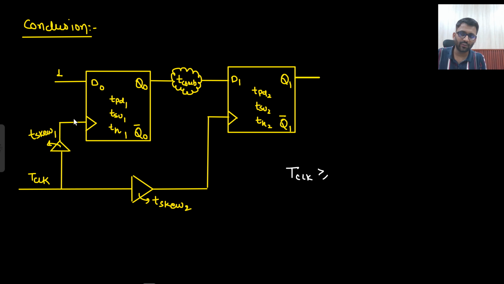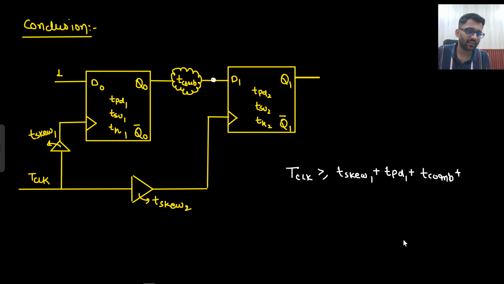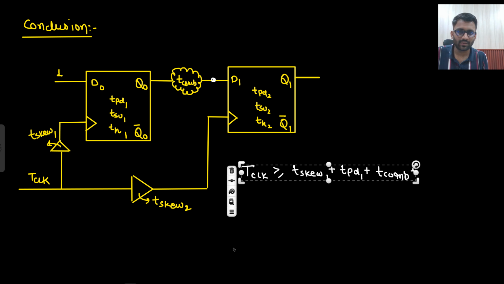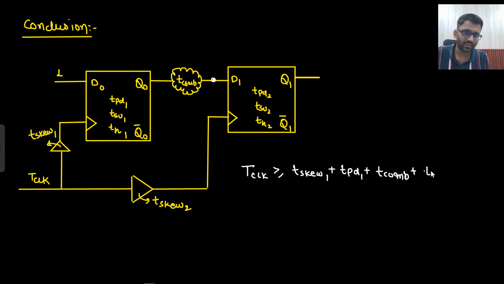First it will go through the delay of this T skew 1, plus TPD1, only the delays I am writing, plus T combination 1. Just as it is stable here, it needs a margin of setup time as well, plus T setup, minus this T skew.